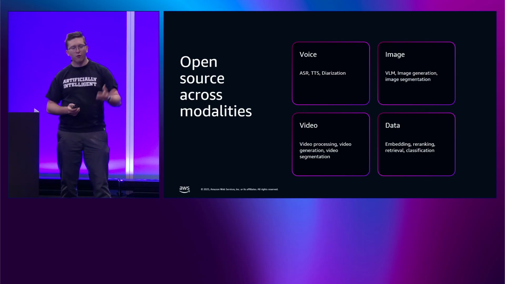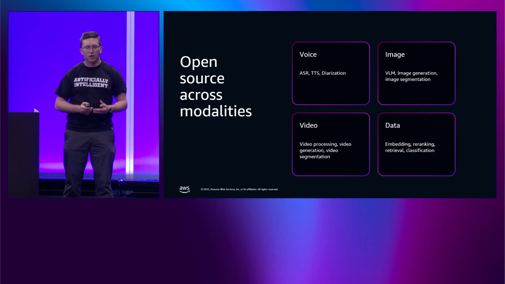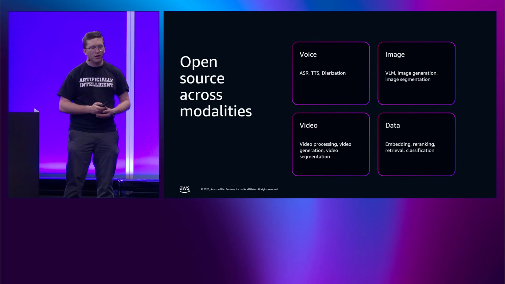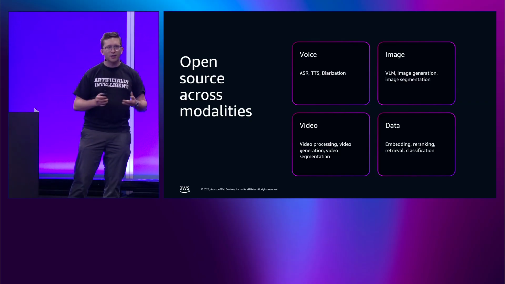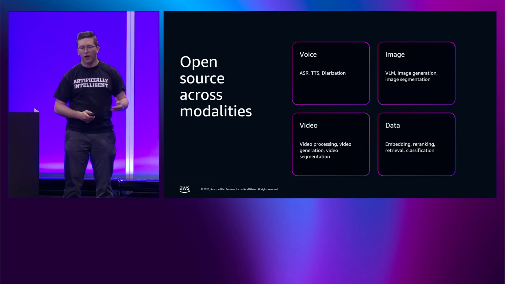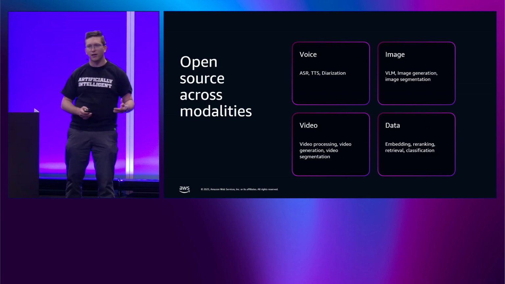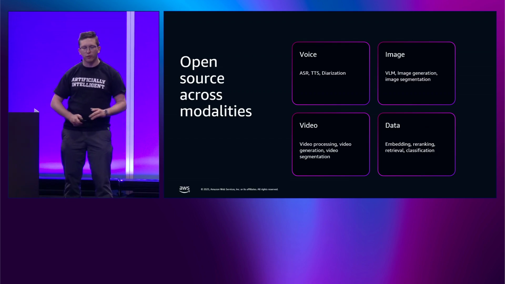They're doing this in voice. We have outstanding models for automatic speech recognition, for text-to-speech generation, for diarization. We have great image generation models from Flux and Stable Diffusion. We have models for generating and processing videos, as well as embedding models that can be used for all kinds of tasks on various data, including both text data and multimodal data.